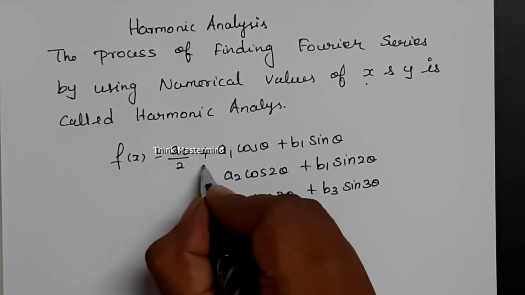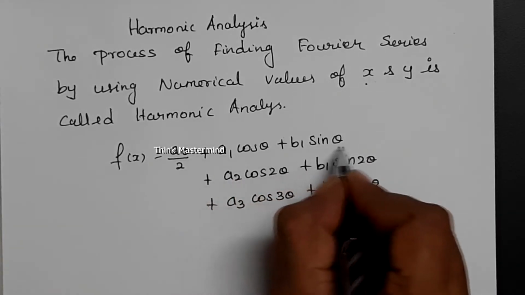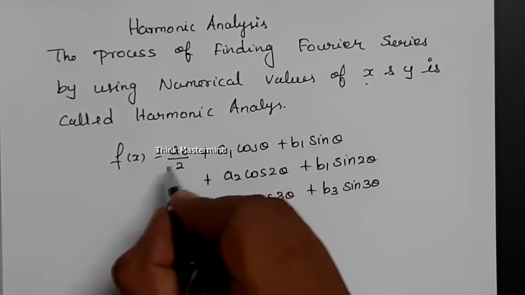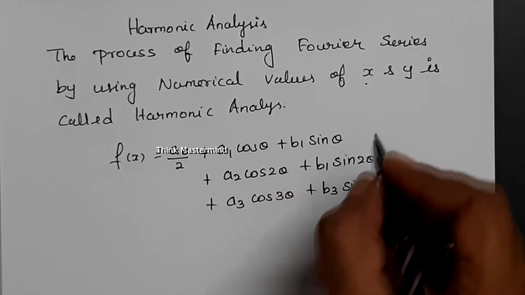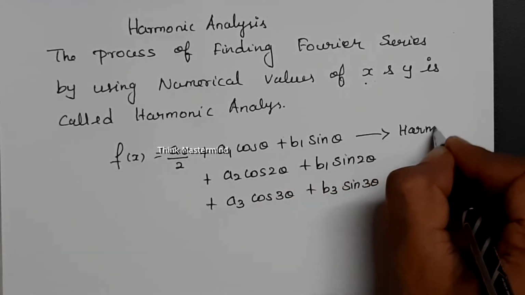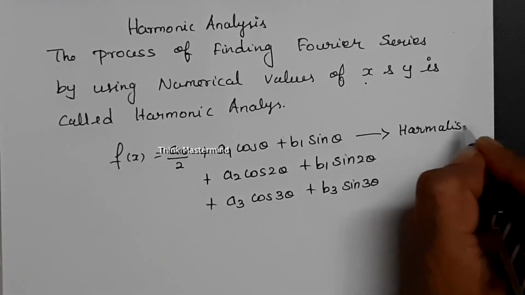Suppose we are finding up to first harmonic analysis, it is enough to find a1 and b1, that is up to these three terms. That is called first harmonic analysis, or harmonic analysis up to first order.